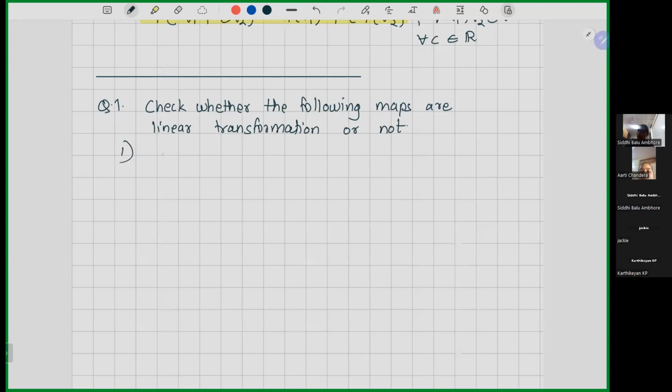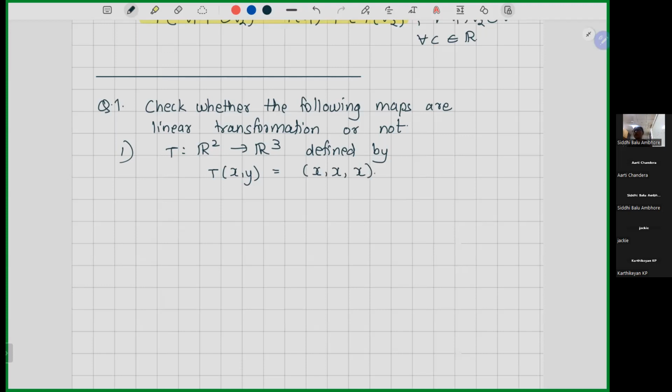Okay, so let us start. T is from R2 to R3 defined by T of x comma y is equal to x comma x comma x.